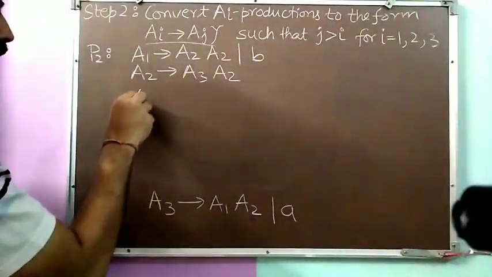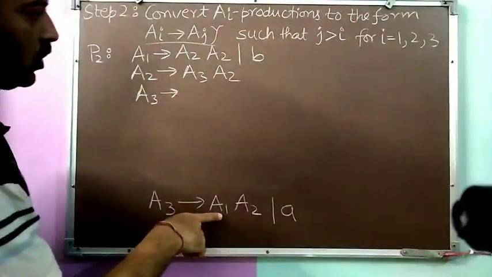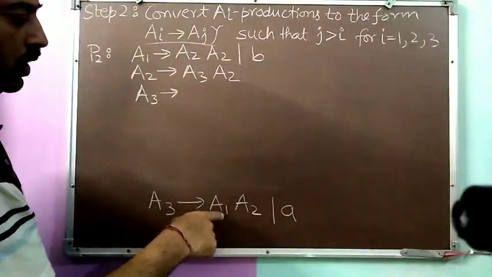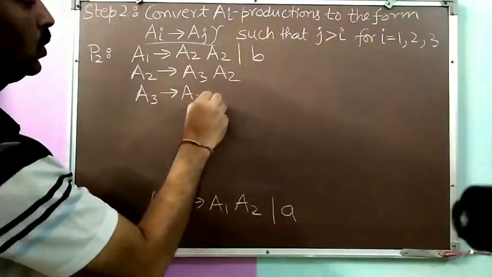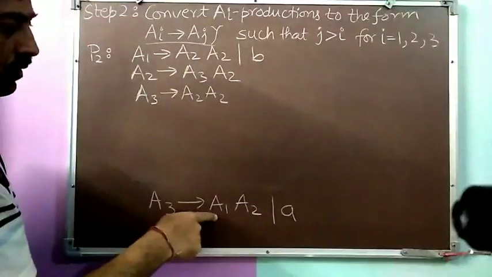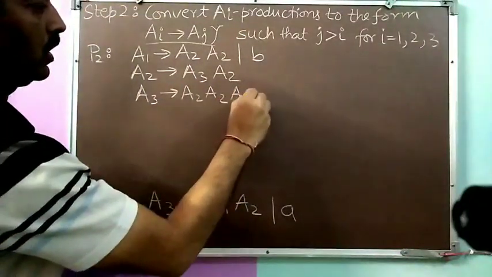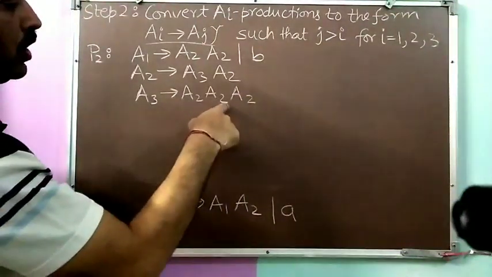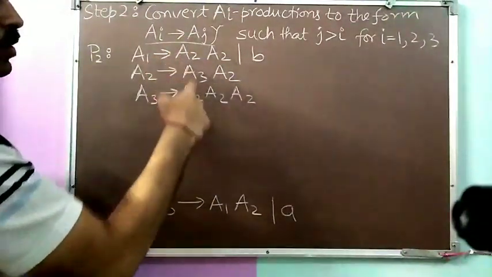So we will write the A3 productions as: at the place of A1, we will put A2, A2, and then one A2 will come from here. So it will become A2, A2, A2, because the value of A1 we have taken as A2, A2.